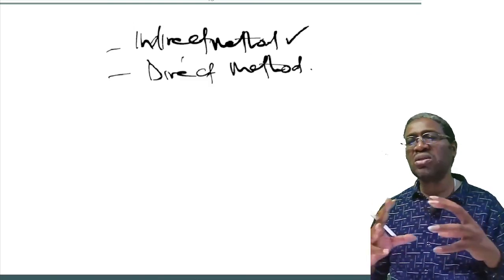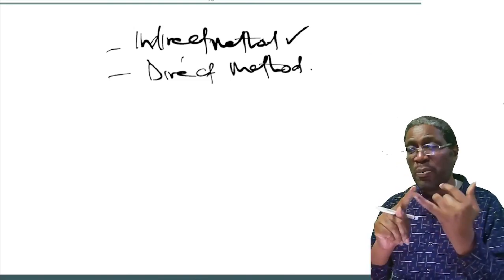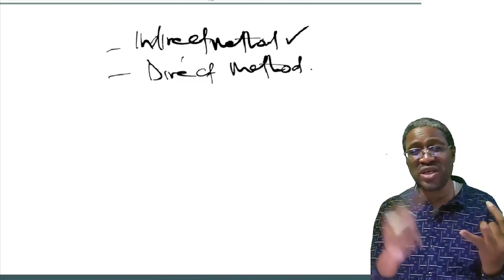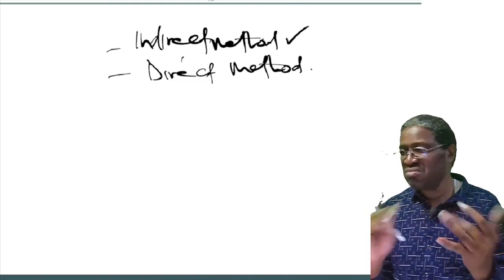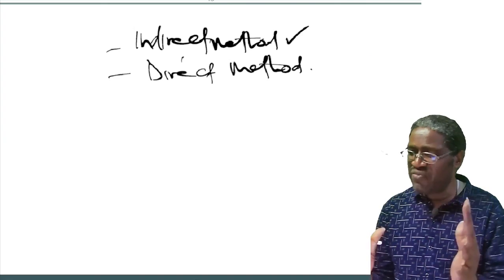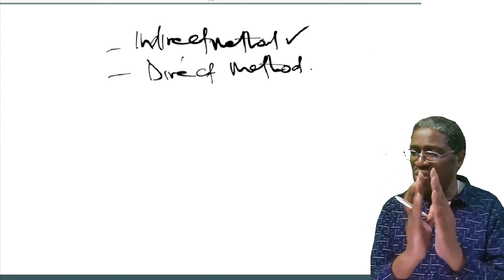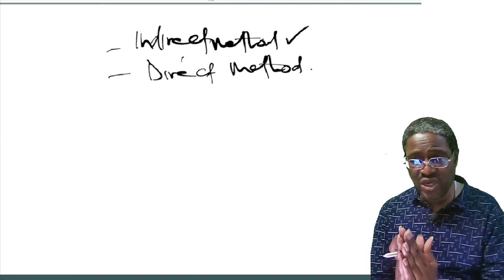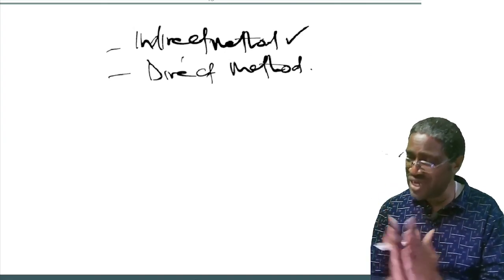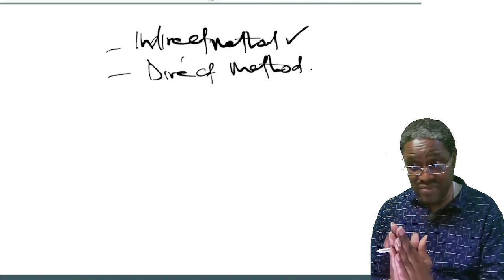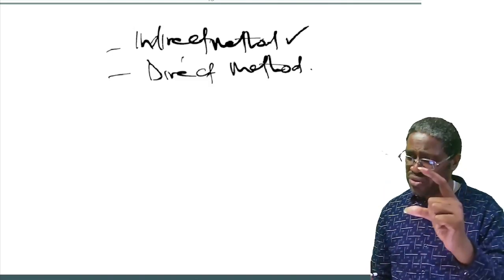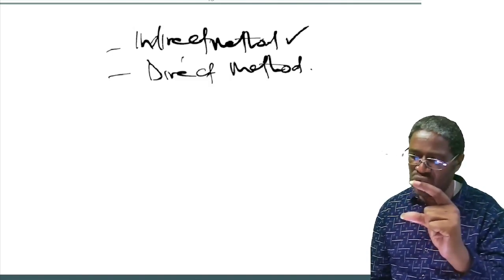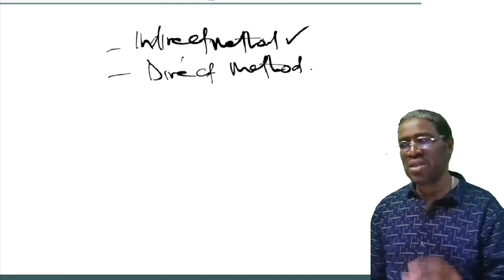The two remain the same. When you are presenting the investing section, it doesn't make a difference whether you're using direct or indirect. The amounts are the same. When it comes to financing activities, it doesn't matter which method you are using, the amounts are the same. So the difference between these two methods only comes in when you are presenting the operating activities section.